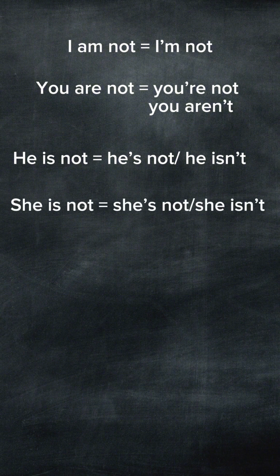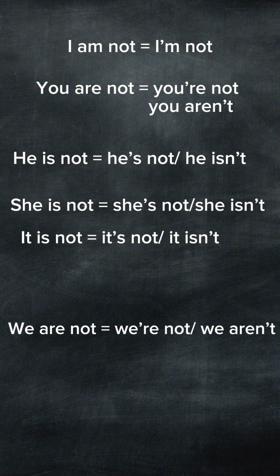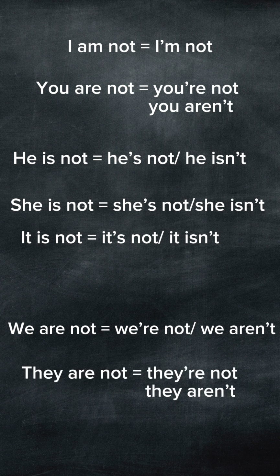She is not, she's not, or she isn't. It is not, it's not, or it isn't. We are not, we're not, or we aren't. They are not, they're not, or they aren't.